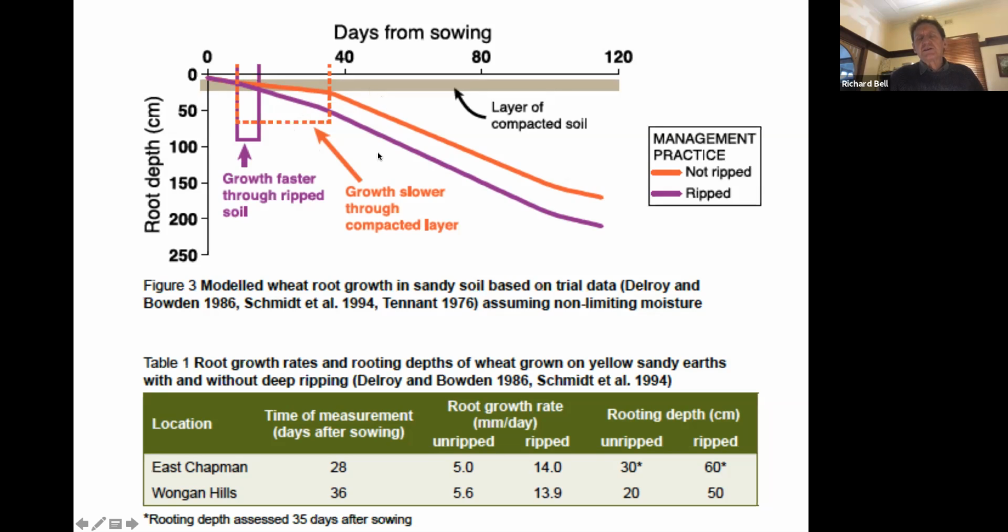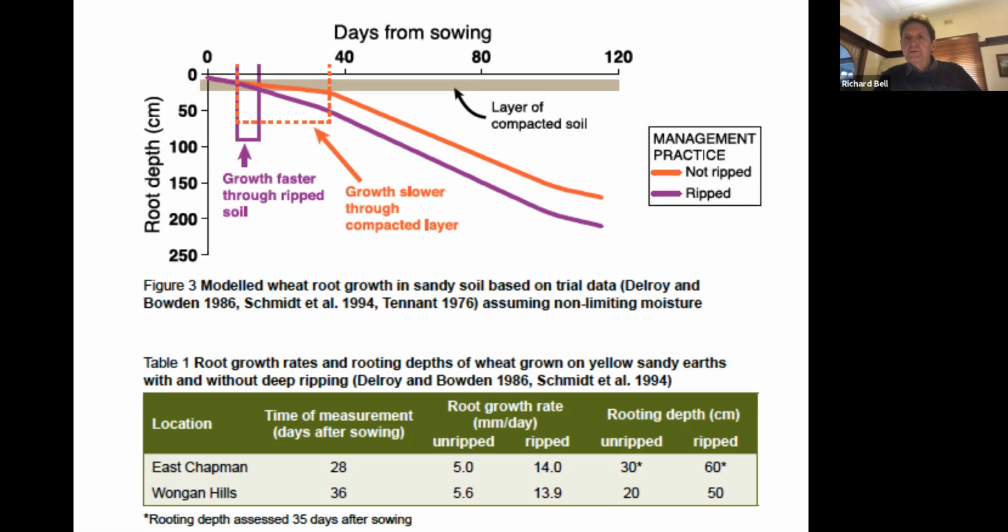It's not that roots won't penetrate through some of these compacted layers, it's just that it takes them longer, slows them down, and they may never catch up. Even later in the season, when the rain is drying up, the ones that got through that layer quickly and got their roots down much deeper are just able to tap into subsoil moisture reserves, keep them going a little bit later.